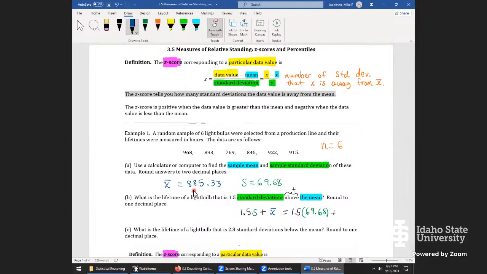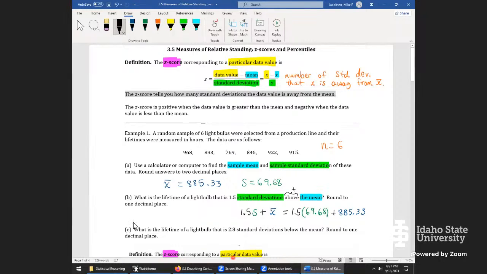And X bar is the 885.33. So now all that's left to do is just jam this into the calculator and we'll be in great shape. And it's definitely kind of a weird problem. All we really did was read it left to right, dump it in, and now we calculate.